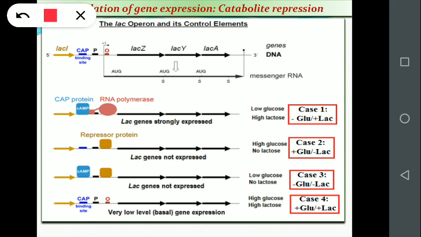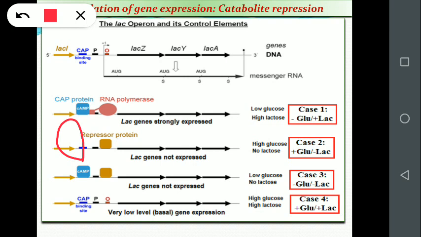In the second case, only glucose is there but not lactose. Glucose is there, therefore the cyclic AMP levels decrease, and no CRP binds the cyclic AMP. So the cap site is unoccupied, so there is no bound protein or activator at the cap site.